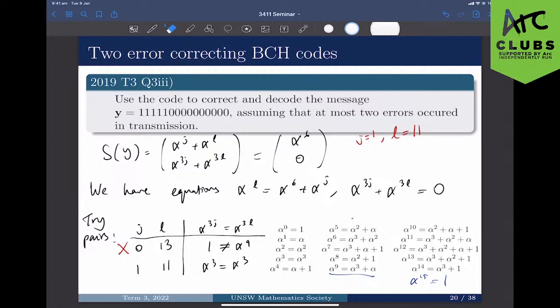So we end up subbing J is 1 and L is 11 into this secondary equation here, and we do find that this is true.